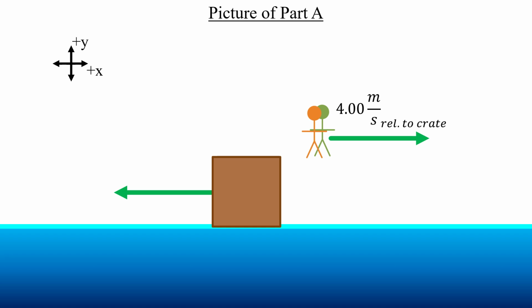So we can say that the crate will move to the left at some speed v relative to the ground, and that will be negative because it moves in the minus x direction. For the speed of Jack and Jill relative to the same reference frame of the ground, we're going to take the sum of the crate's negative speed v with Jack and Jill's positive speed that's relative to the crate, like this.